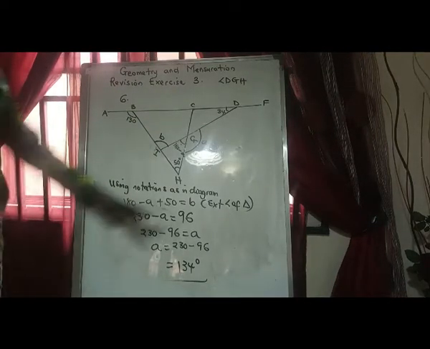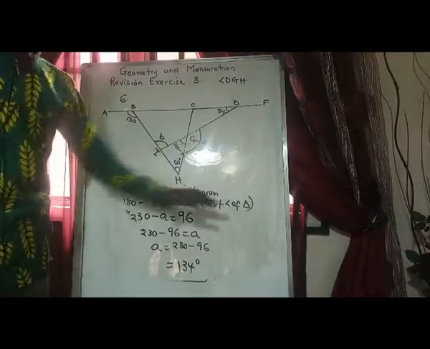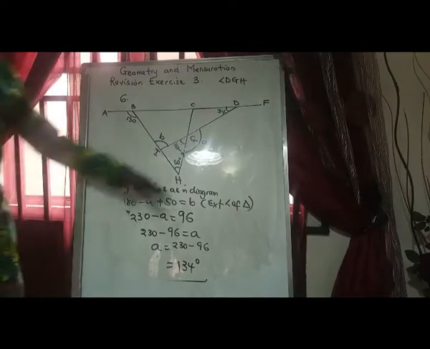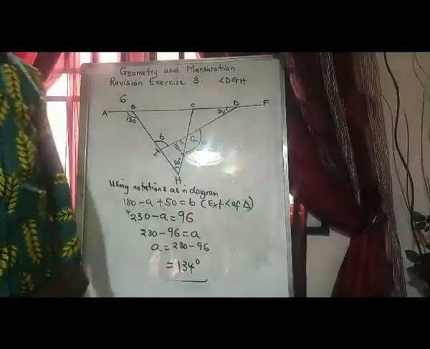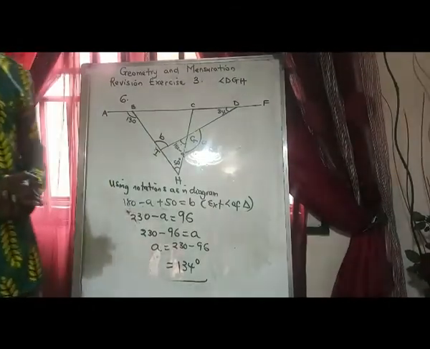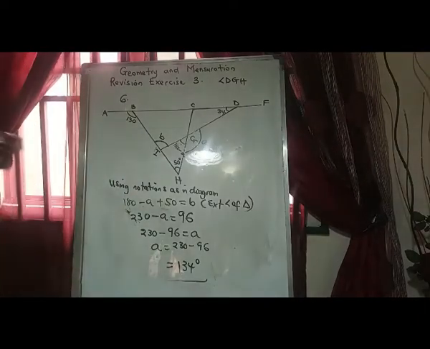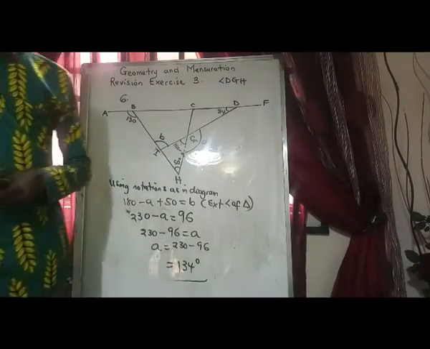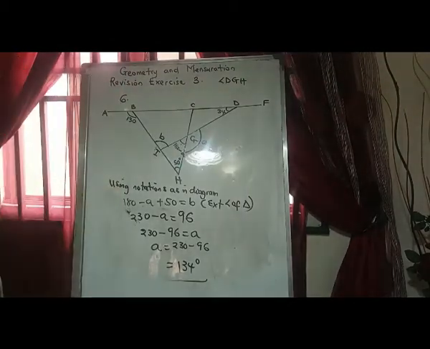Take note, your reason is crucial when you're solving the problems. You must tell us why you're using a particular idea and what theorem backs the idea you're using. So that's for question 6, and then we'll now proceed to something more in the neighborhood of sum of interior angles, exterior angles, pentagons, polygons, as the case may be.